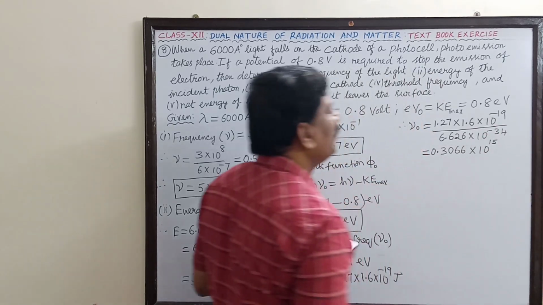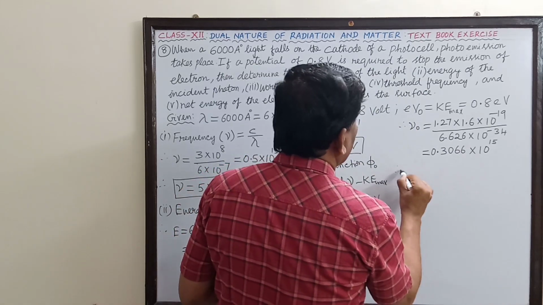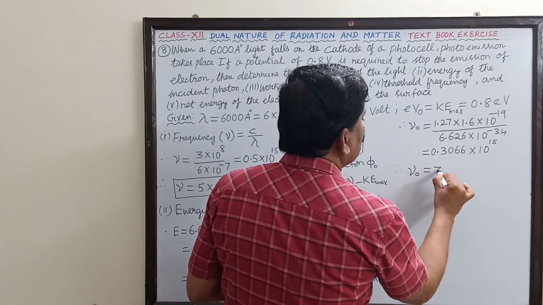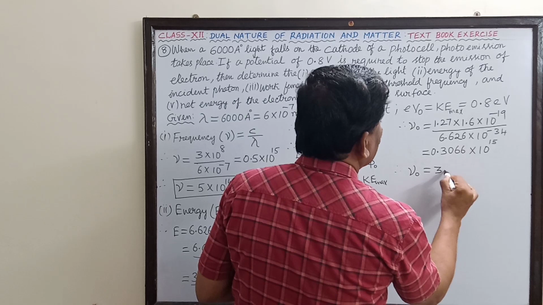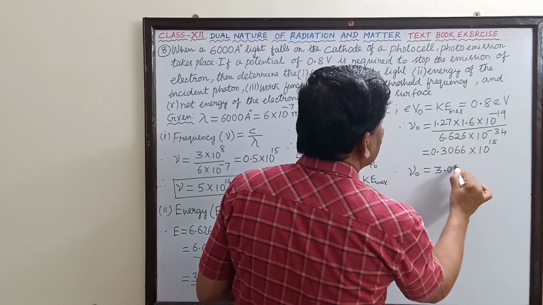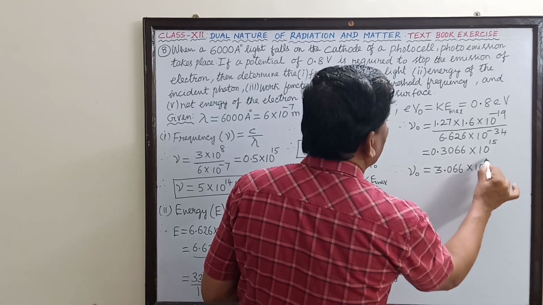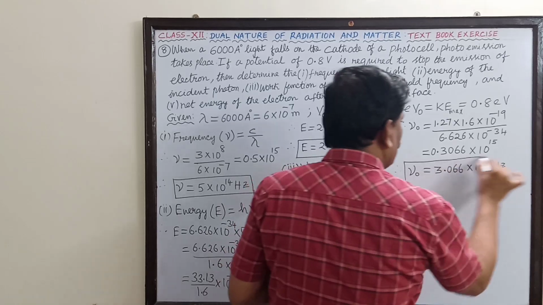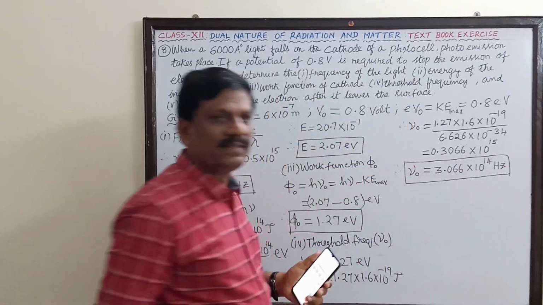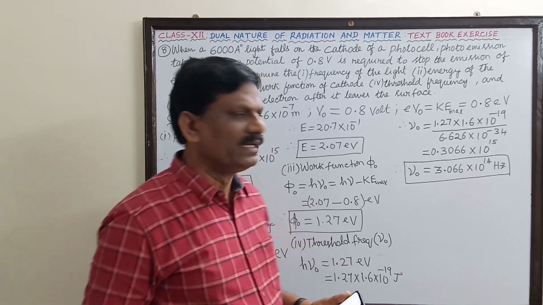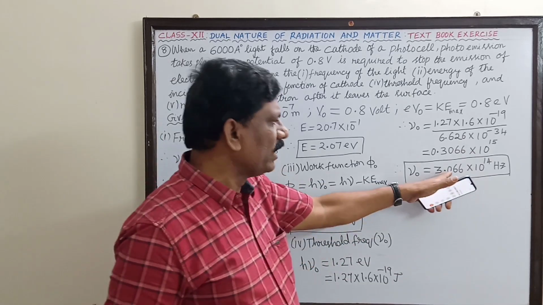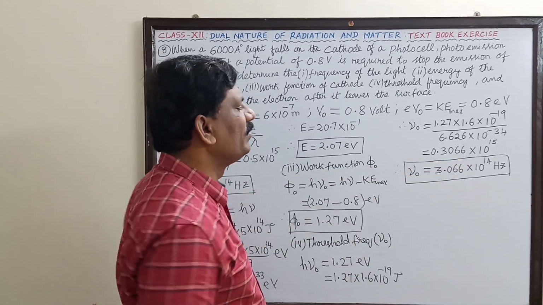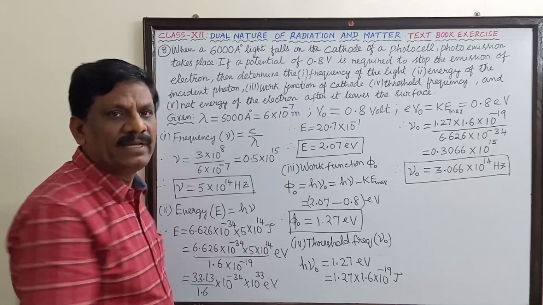So we can adjust the decimals so that nu naught is equal to 3.066 into 10 power 14 hertz. This is the usual practice of expressing the frequency as 10 power 14 hertz. So one decimal digit, 3.1 also we can write because the rounded off value is 3.1 only. So 3.066 into 10 power 14 hertz, that is the threshold frequency.